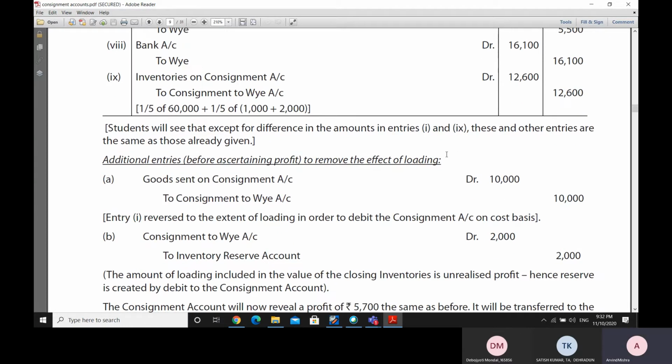So now what is to be done here is to see why this difference is coming, because there are some additional entries happening here, because 10,000 additional rupees is being added to the pro forma invoice as loading. So consignment account is being credited with 10,000 rupees and goods sent on consignment is debited with 10,000 rupees, because the starting entry was credited to the goods sent on consignment account.